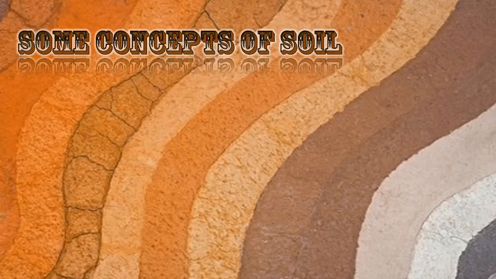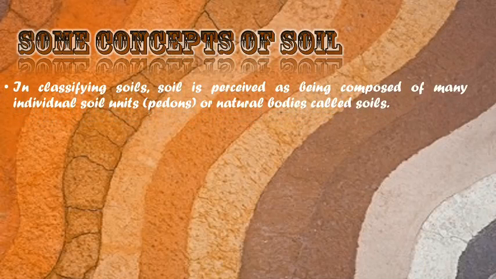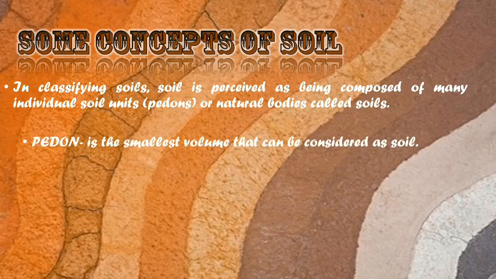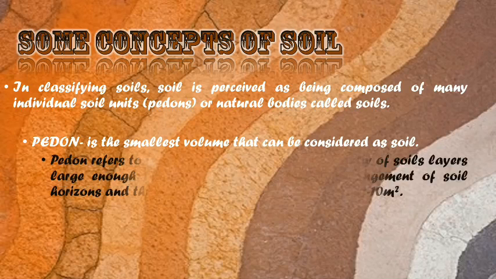Some concepts of soils. In classifying soils, soil is perceived as being composed of many individual soil units, or what we call pedons, or natural bodies called soil. Pedon is the smallest volume that can be considered as soil.